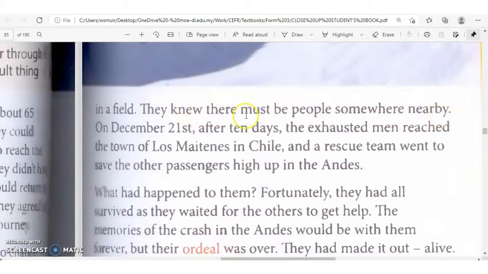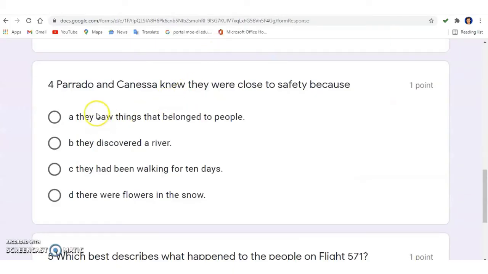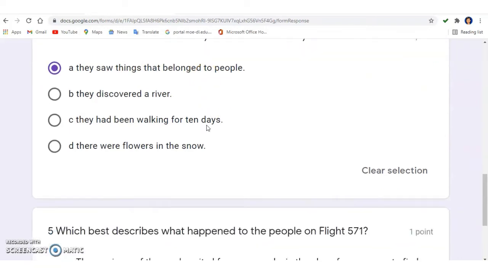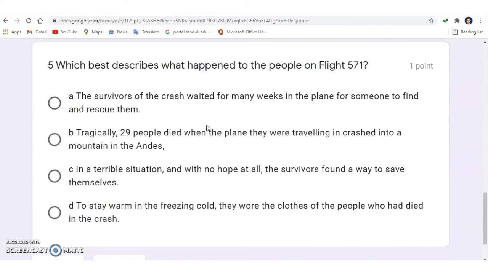Okay, so if there are people nearby, that means they could get help from the people, right or not? So they knew they were close to safety because they saw things that belong to people. They saw the cans and they saw farm animals. These are the things that belong to people. Okay? Alright, let's proceed to the next one.